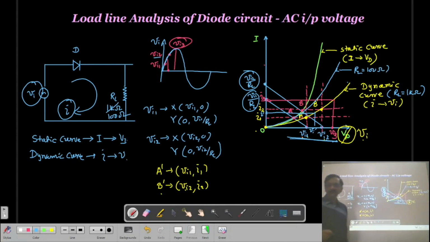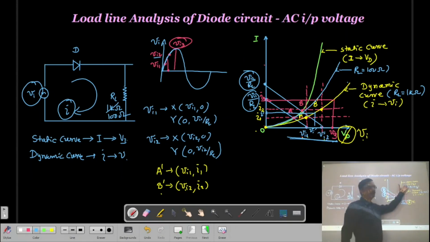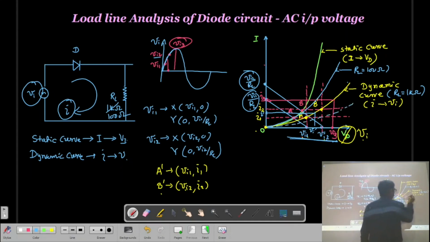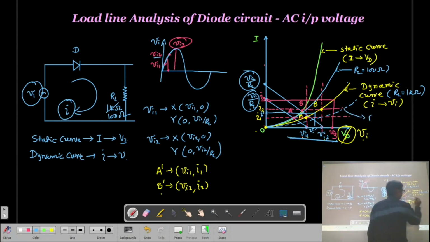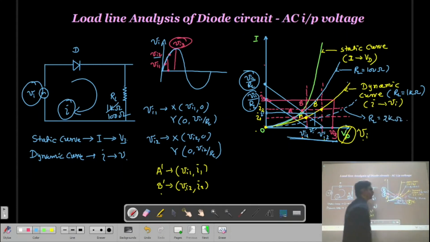Why? Because the resistance is less, so the current will be more, and therefore the dynamic curve will be shifted in the upward direction. If RL increases, then your dynamic curve will be shifted down. Here you can say this is for RL equal to 2 kilo.